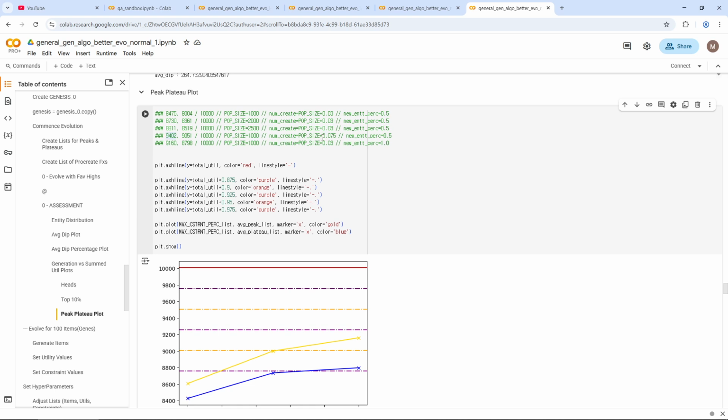When we have num create at 0.75% of the population and new entity percentage at 0.5, or num create 0.03 times pop size and new entities percentage at 100%, it is still higher than the very original one, and when we had the population doubled or multiplied by 2.5.